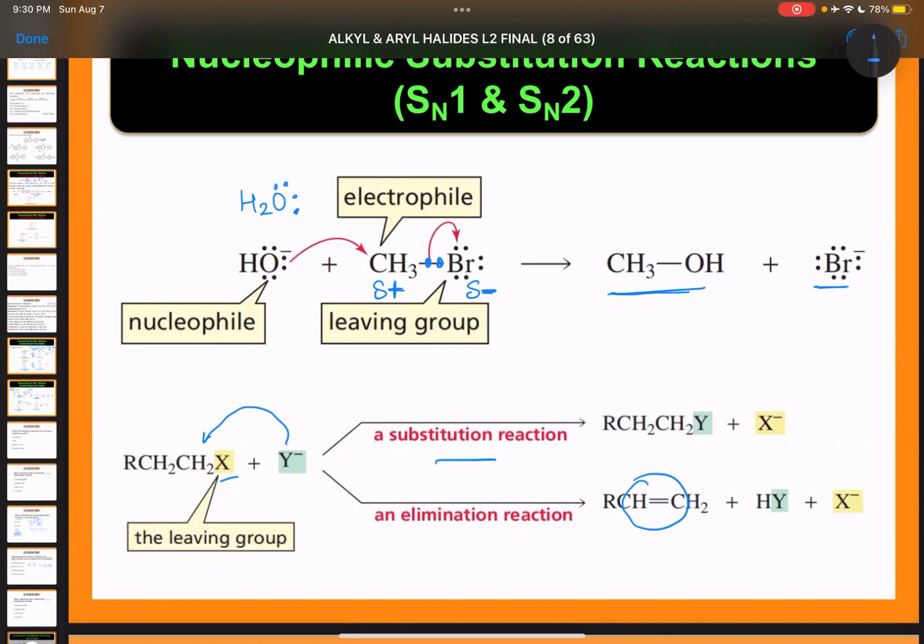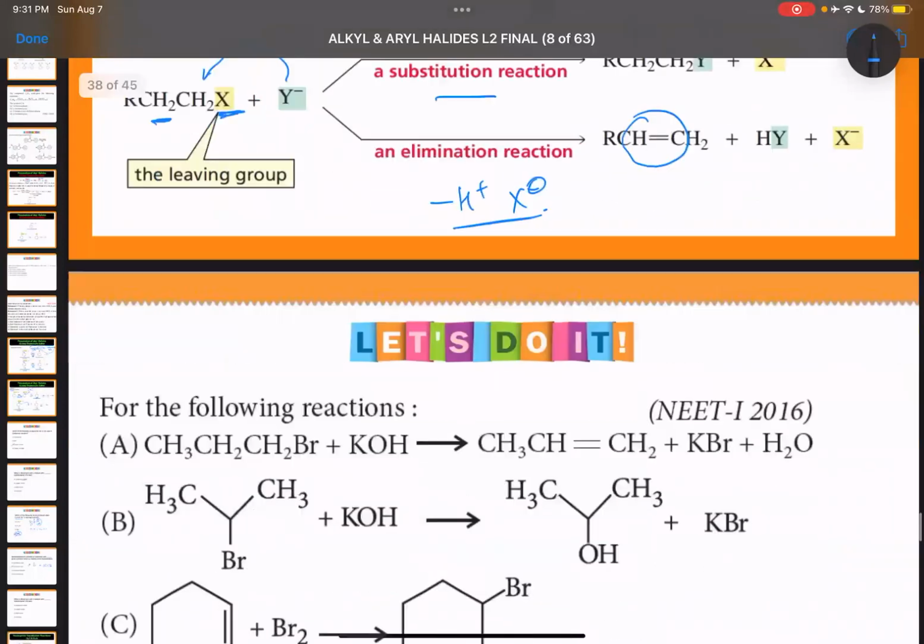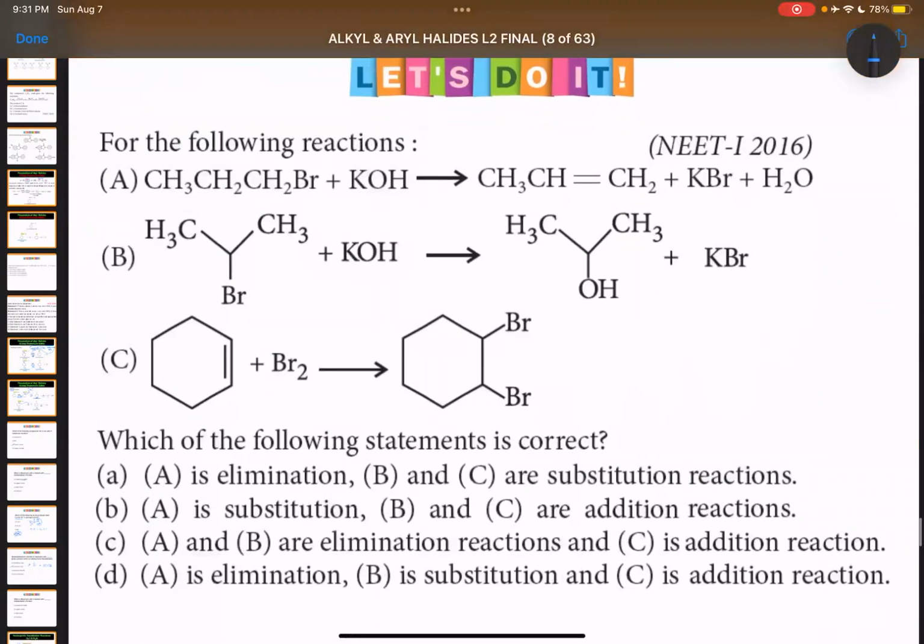Is it clear? So the formation of a double bond is an elimination reaction. It is actually the elimination of H plus and X minus from adjacent atoms.